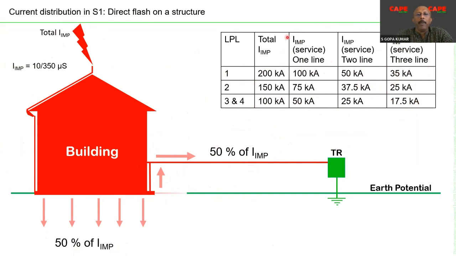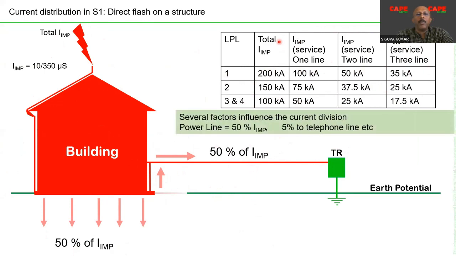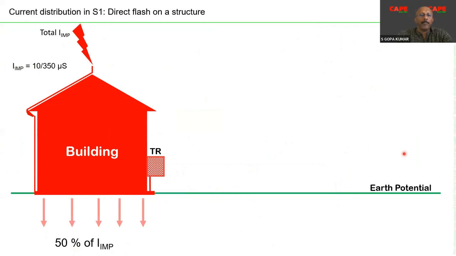But in practice, the current is diverted to the service, and if you have more services, the current through each of the services is less. But generally, for our selection, we select 50% of the current flowing through the 230 or 400 volt power line and about 5% through the telephone line. This is the thumb rule which is always used.